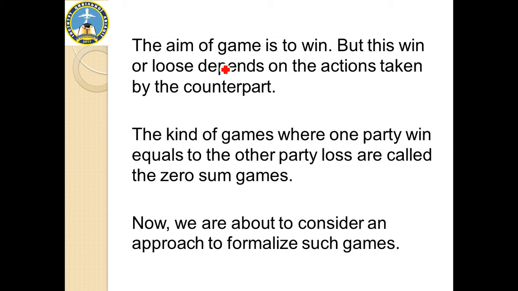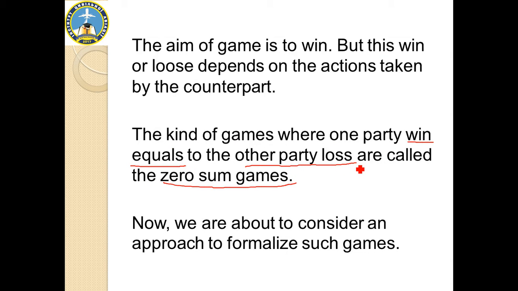The aim of every game is to win. And here we consider the so-called zero-sum games. This is the kind of game where one party's win equals the other party's loss.